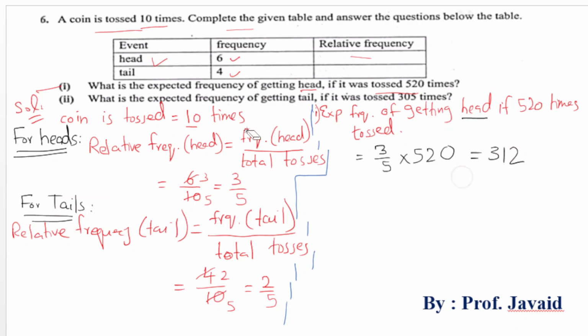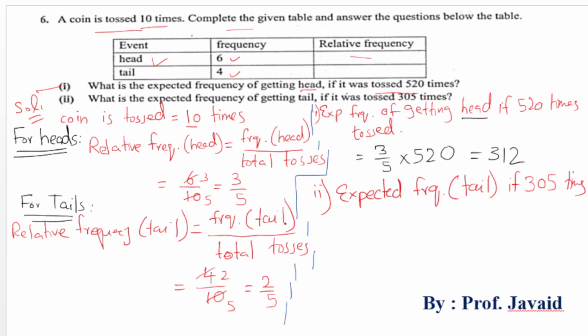Now let's move to the second part. What about the second part? Expected frequency of tail, if tossed how many times? 305, it's given in the question.